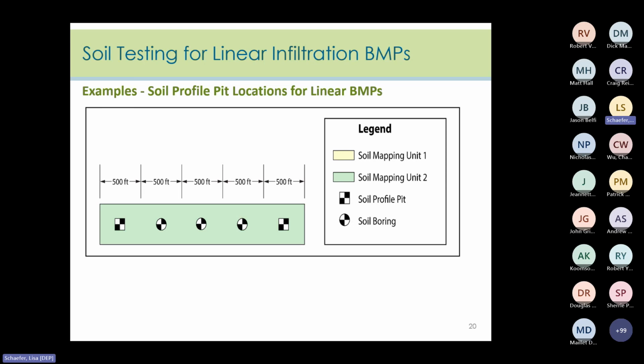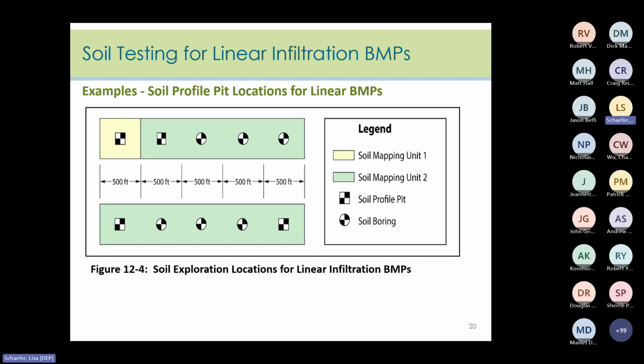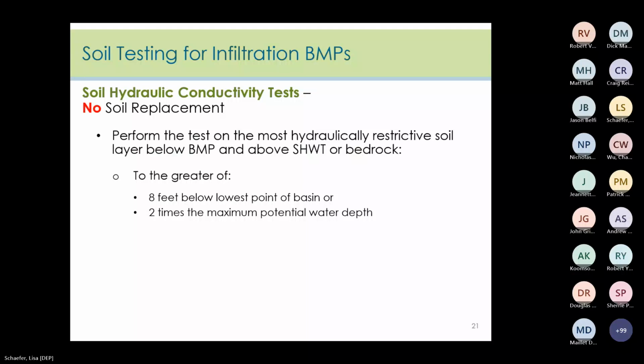So these examples are in Chapter 12 as figure 12-4 for you to refer back to. And I always have to go back to these, so you are not alone.